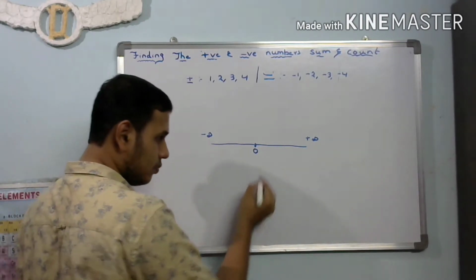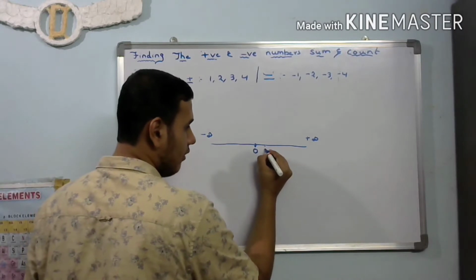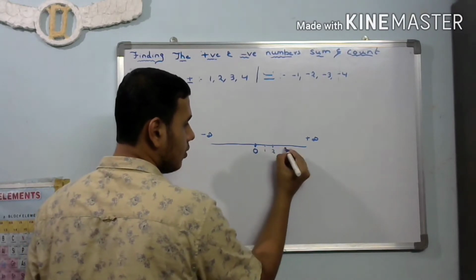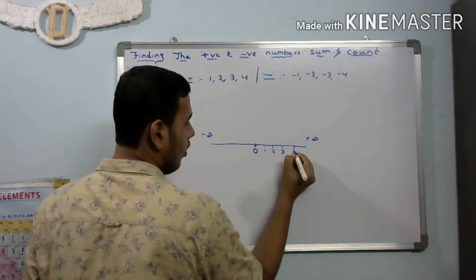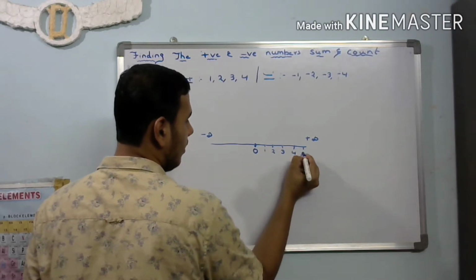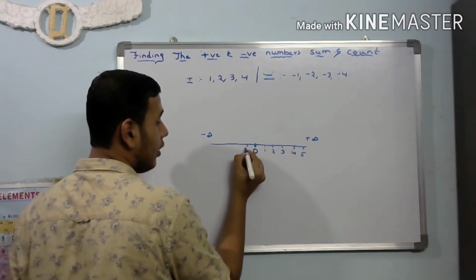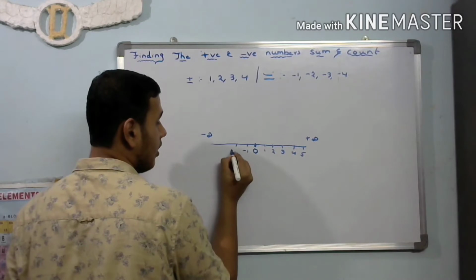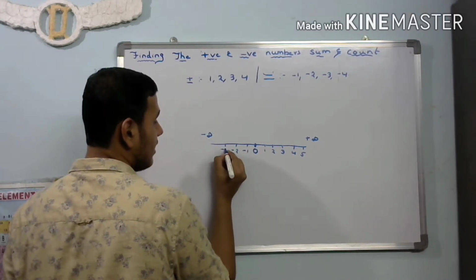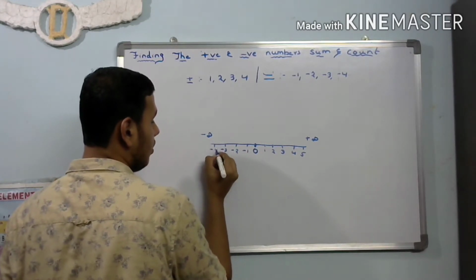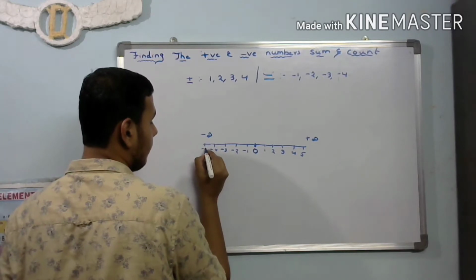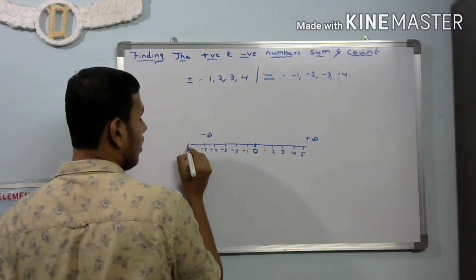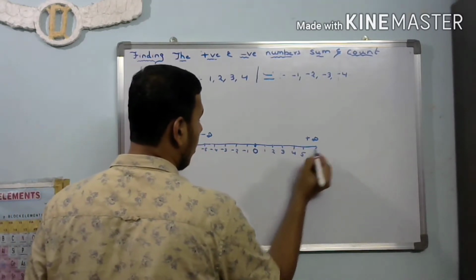After 0 I get 1, 2, 3, 4, 5, and on the left side I get -1, -2, -3, -4 and -5, and this goes on and on.